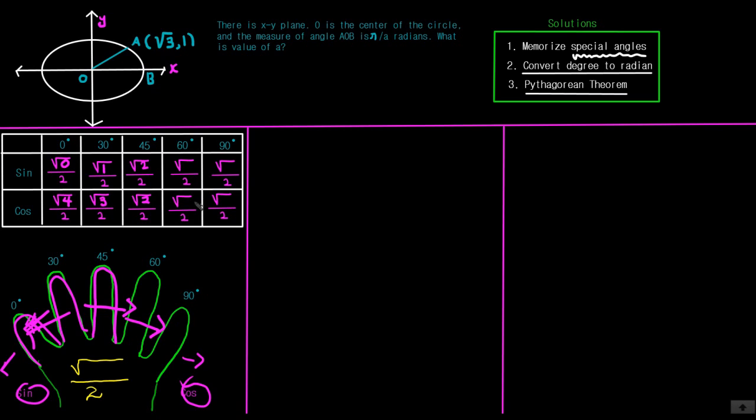Let's think about 60 degrees. For the cosine, which is the right side, there's only 1 left, so we can bring 1 inside the square root. For the sine of 60 degrees, there are 3 of them left, so we can put 3 into the square root.